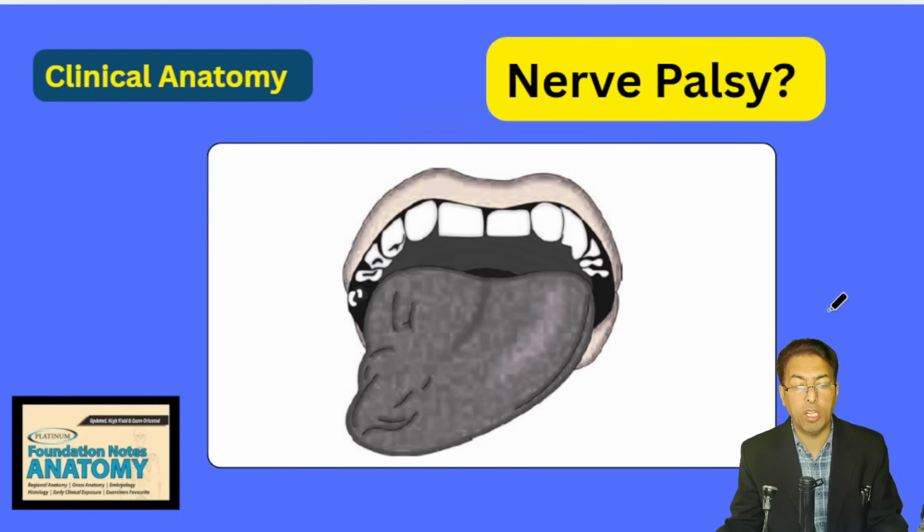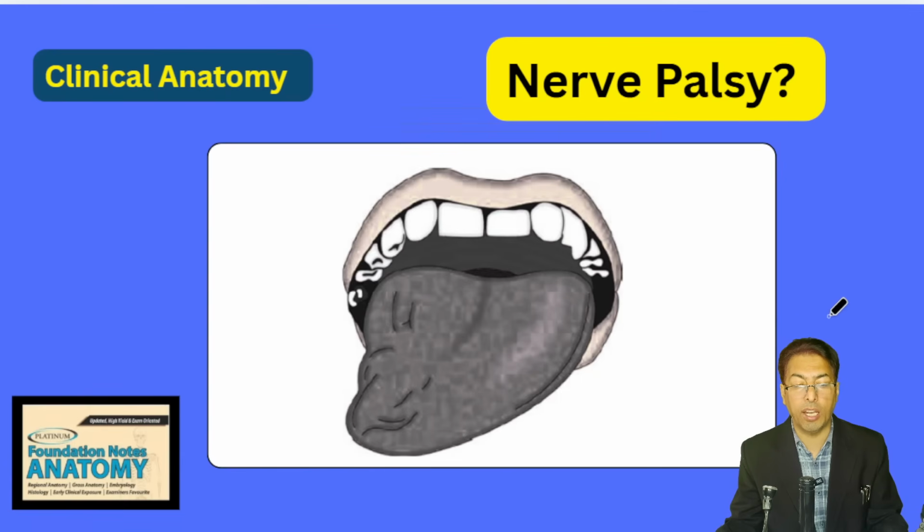So this is a question which you will answer like, sir, it is the 12th cranial nerve palsy because the tongue is deviated to the right side and the right hypoglossal nerve causes this sort of palsy. On clinical examination, if you ask a patient to protrude his or her tongue out and he or she cannot place it in the center, the tongue is deviated. Normally it is deviated towards no side, it is normal.